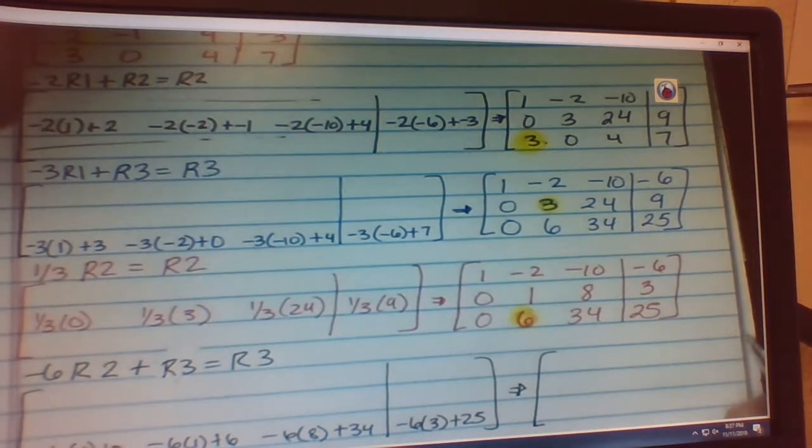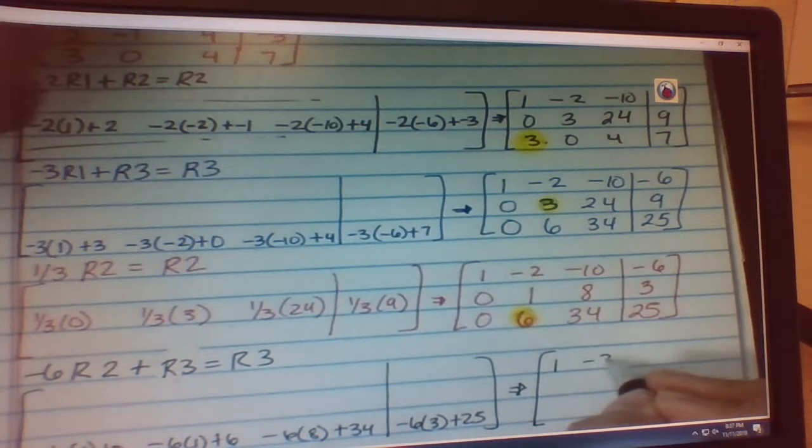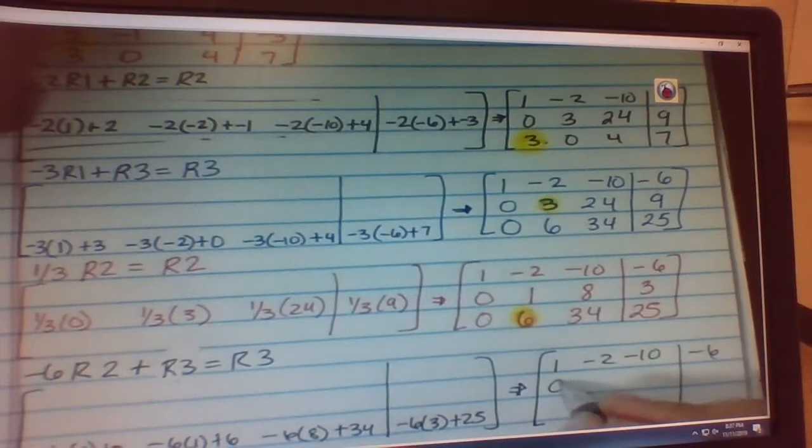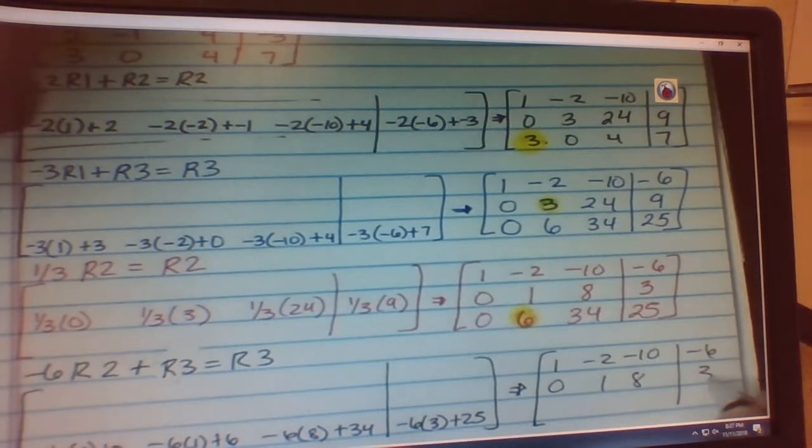First 2 rows, nothing happens. 1, negative 2, negative 10, negative 6, 0, 1, 8, 3.